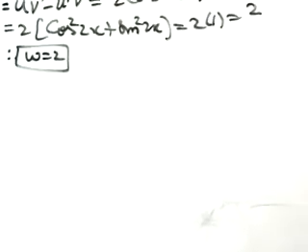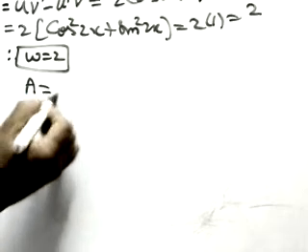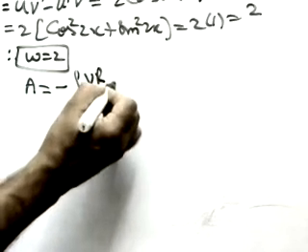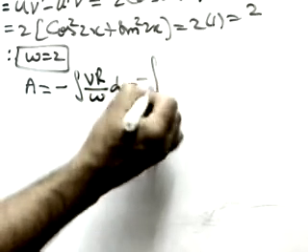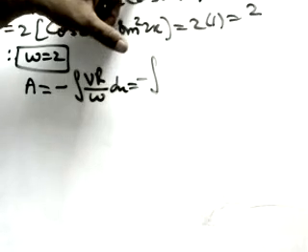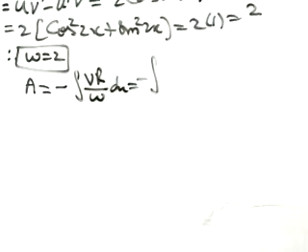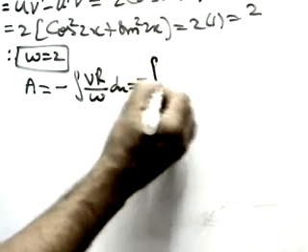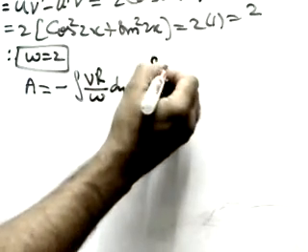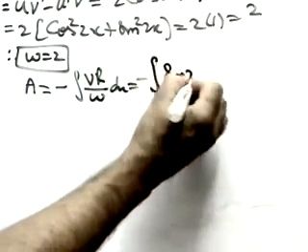Next we have to find a and b. The value of a is a equals minus integration of v into r by w. V is sin 2x, so minus integration of sin 2x into r. Initially r is tan 2x.